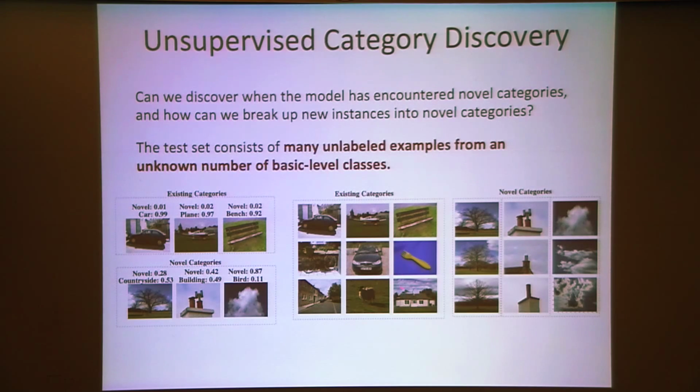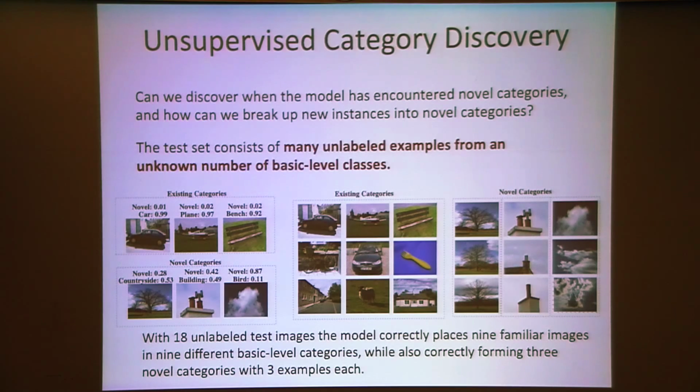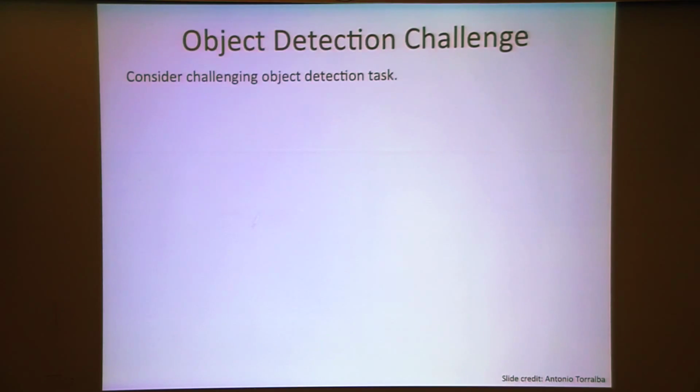It has seen these categories before, and it's able to create new categories or new classes. For example, images of skies are very distinct from all the images in the database, so the model is going to say, well, that's going to be my new category called skies. So again, it's a fairly important problem, at least in the computer vision community.